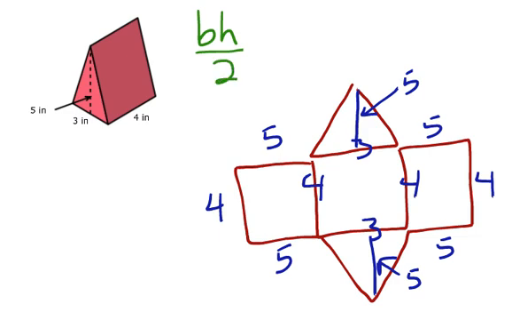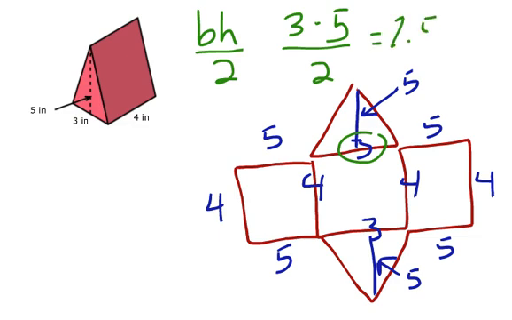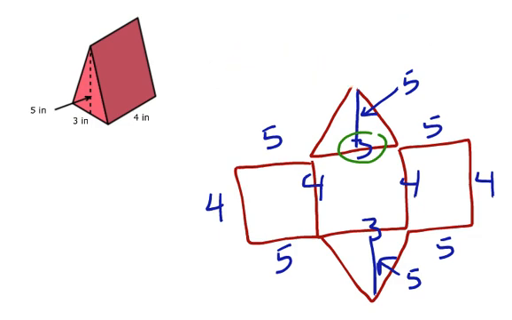So the base of the triangle is 3 from here. The height of the triangle is 5. And we're dividing by 2. So 3 times 5 is 15. 15 divided by 2 is 7.5. So that means we have 2 7.5s. So 2 times 7.5 will give us 15. So that's for the triangles.